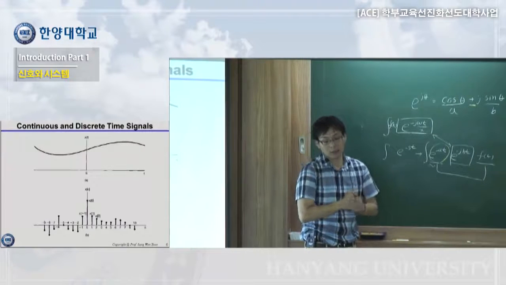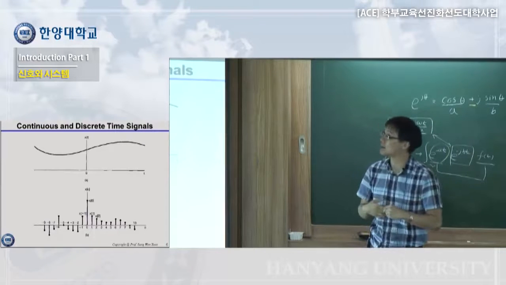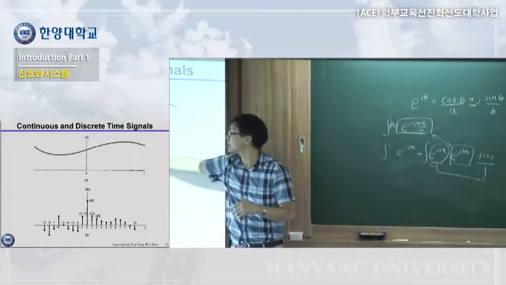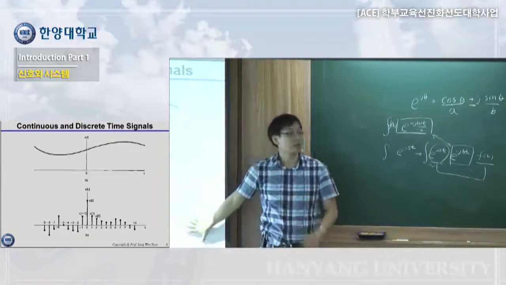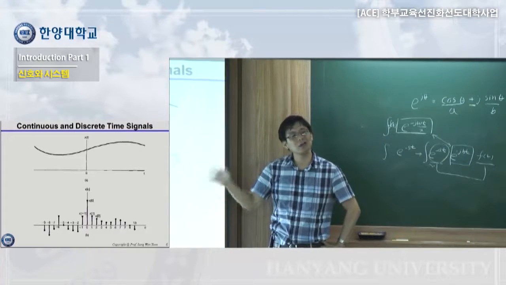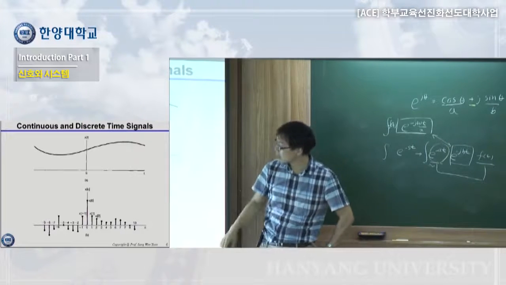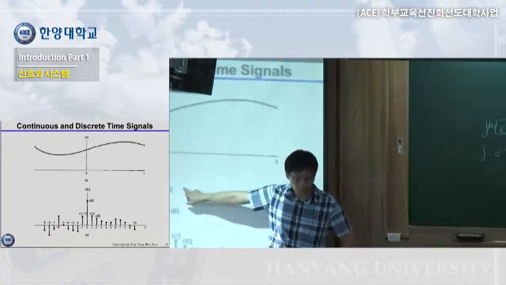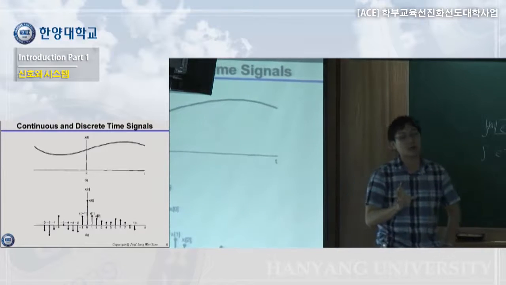Let's have an example of continuous and discrete time signals. This is a continuous time signal, continuous by time. This is a discrete time signal, but it looks a little different from what I showed before. We have x[n], where n is an integer, right?